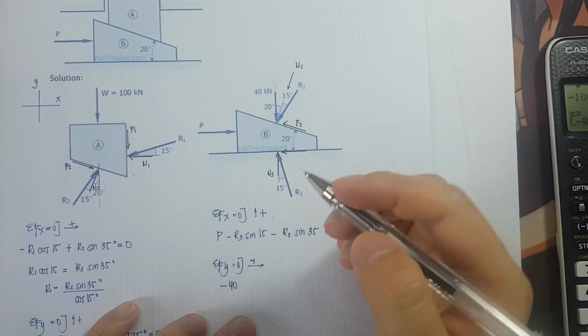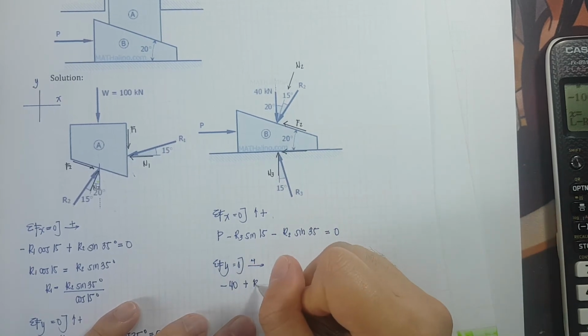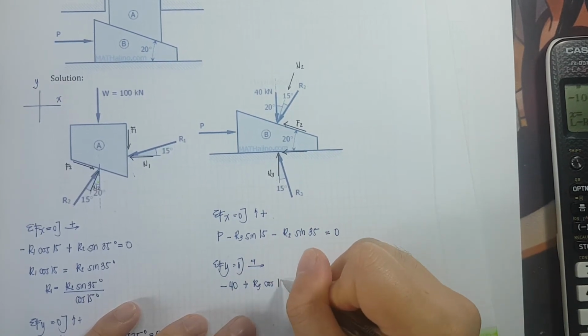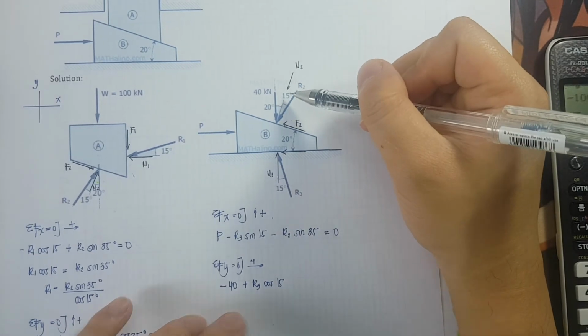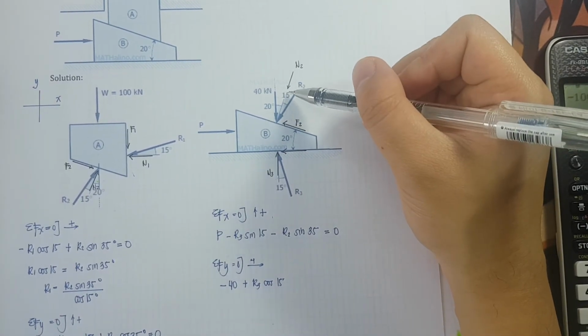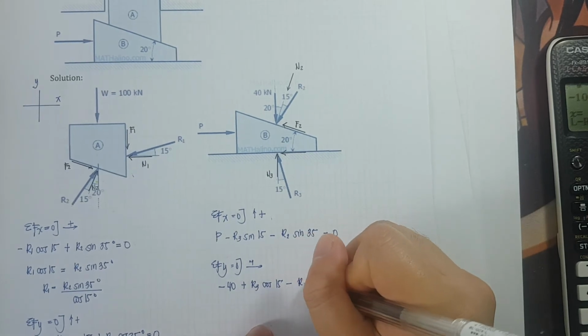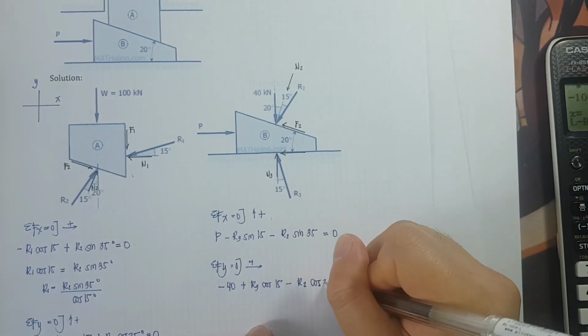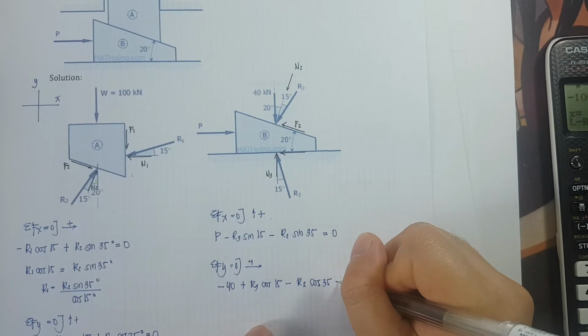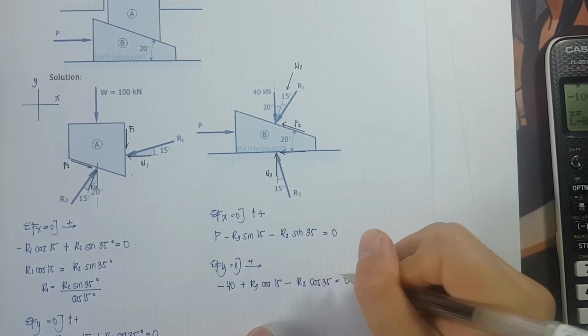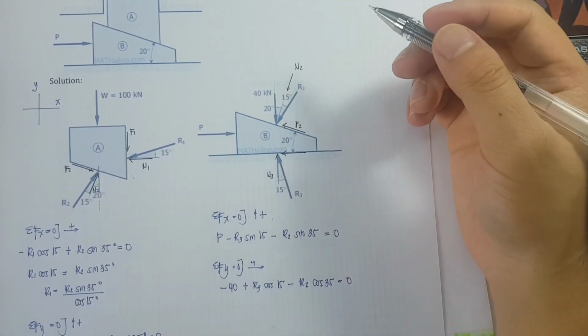So, and it is pointing upward. So plus R3 cosine 15. The vertical component of R2 is a function of cosine, and it is negative because it is pointing downwards. So minus R2 cosine 35 is equivalent to 0. So that's it.